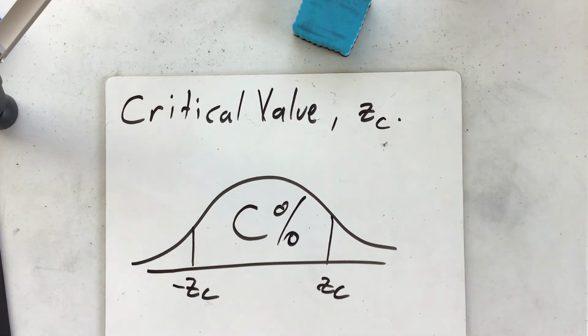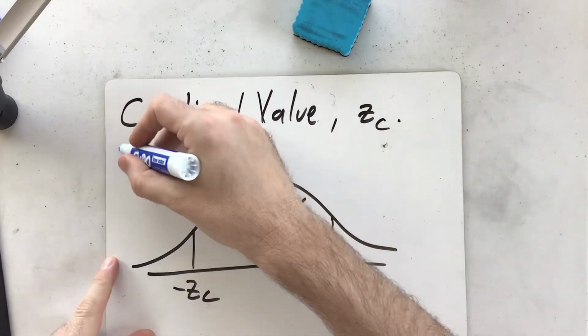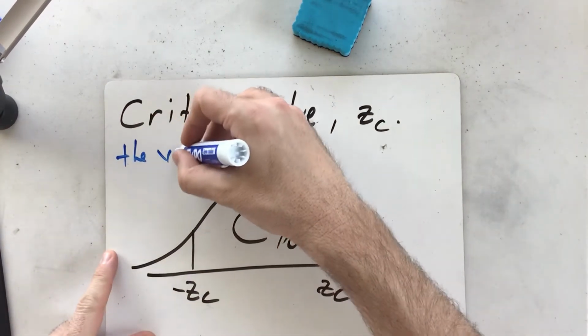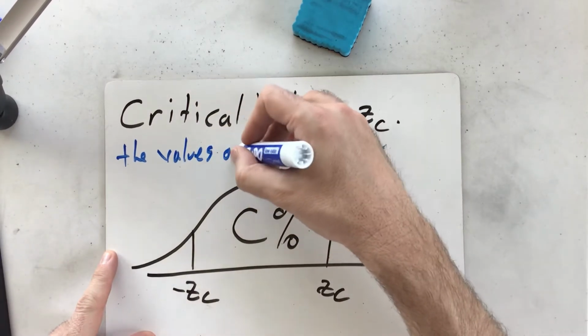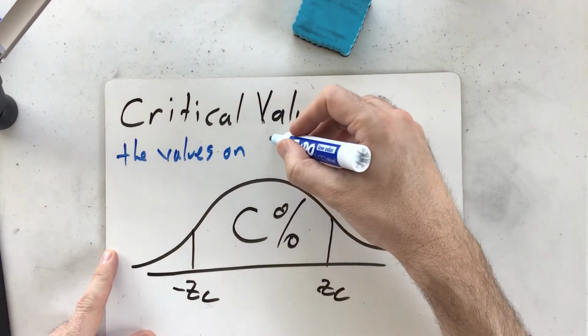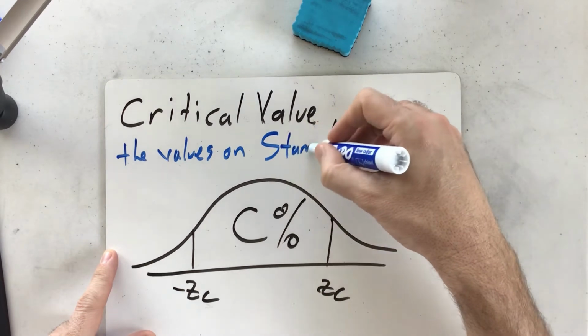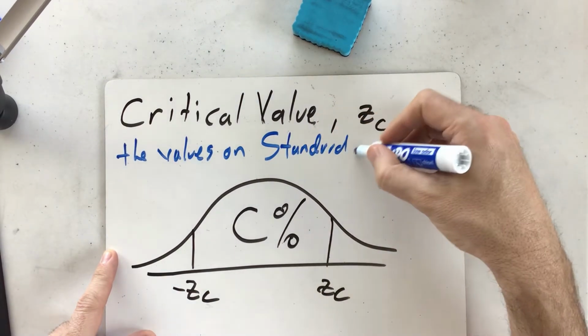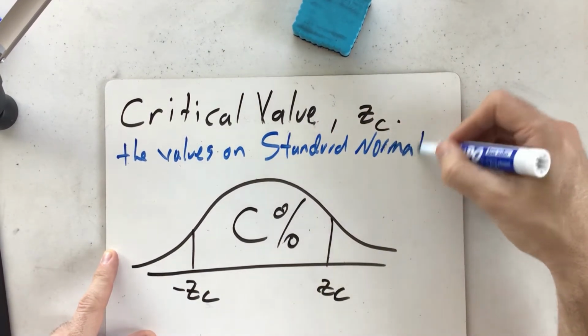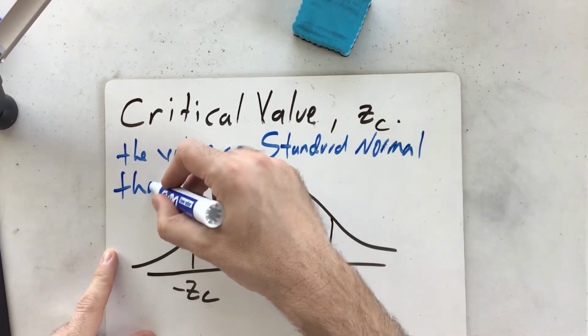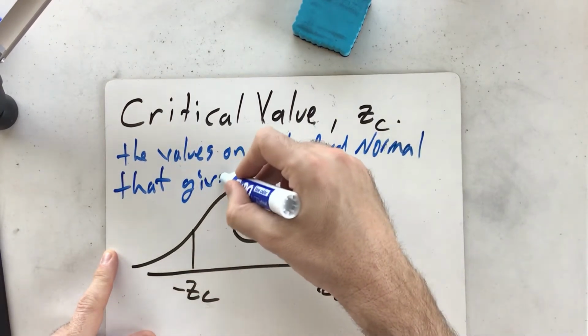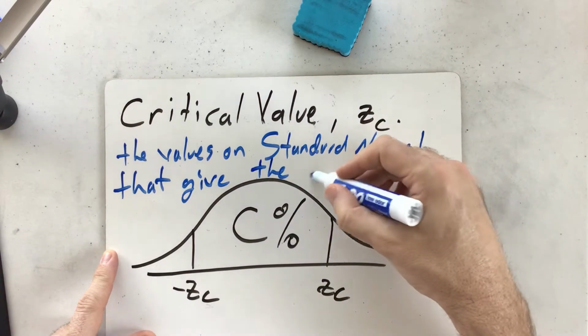So it is the value on the standard normal that gives the desired probability.